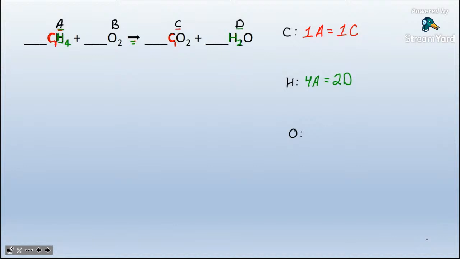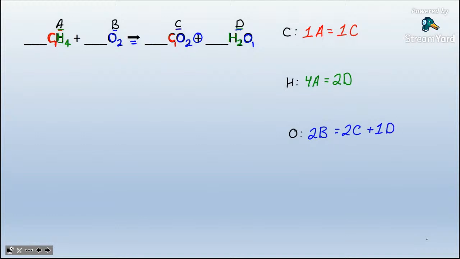Now I can look at oxygen. I don't have any in A, so I don't have to include it in the equation for oxygen. But I have 2 oxygens in B, so 2B. My arrow again becomes an equal, and I have 2 oxygens in C, so 2C, plus I have 1 oxygen in D, so 1D.